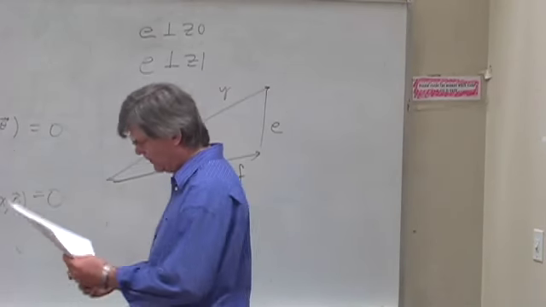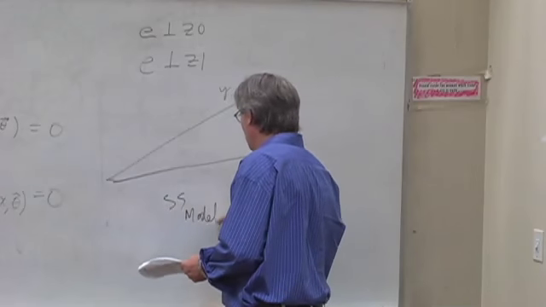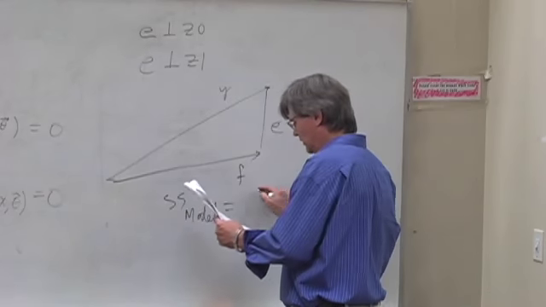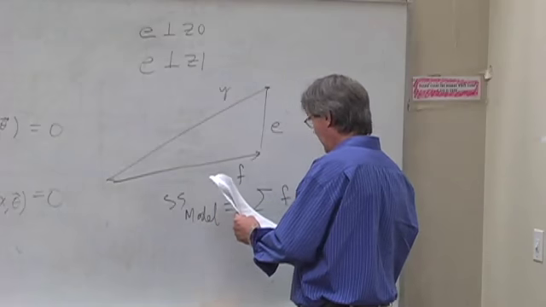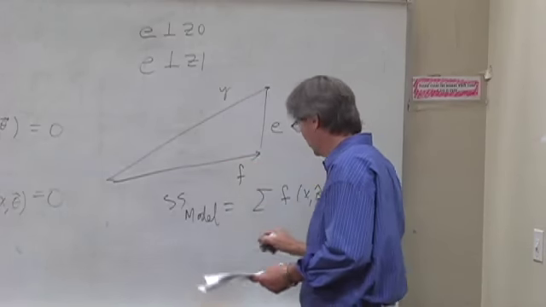Yeah, I do have that written down. I've got SS model equal to the summation of f(x) theta hat squared, which is just the squared length of this vector here.